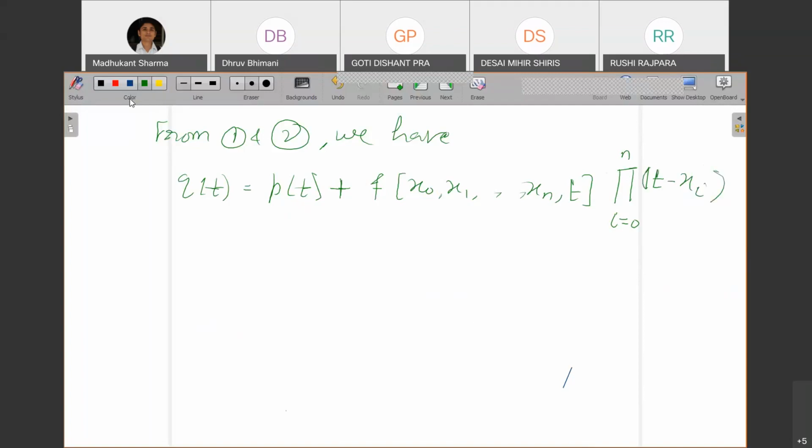Now since Q of t is f of t, this implies f of t minus p of t is equal to f of x0, x1, and so on xn, comma t, times the product for i equals 0 to n of t minus xi.